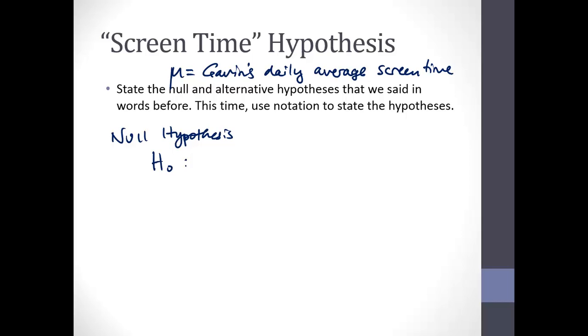Put a colon there. And looking at the previous page, we said the null hypothesis is a statement of there being no effect or no difference. And so that was number one of our possible hypotheses. We said that Gavin's average daily screen time was the same as, or was not different from, that of other children. So we can say that mu equals 6.1.